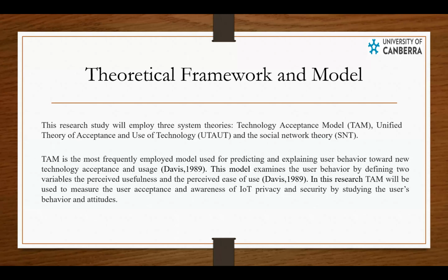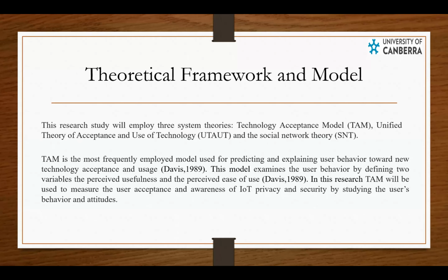Also, in this research, I use theoretical framework models. So this study basically employs three systems theories. So we're going to use the technology acceptance model TAM, the unified theory model, the social network models.